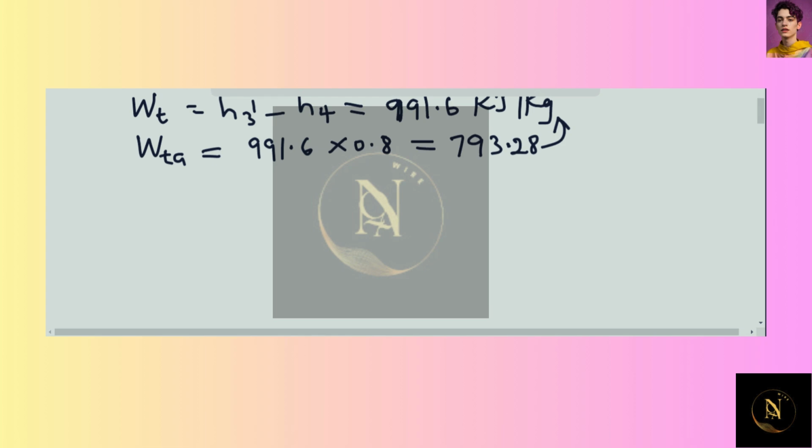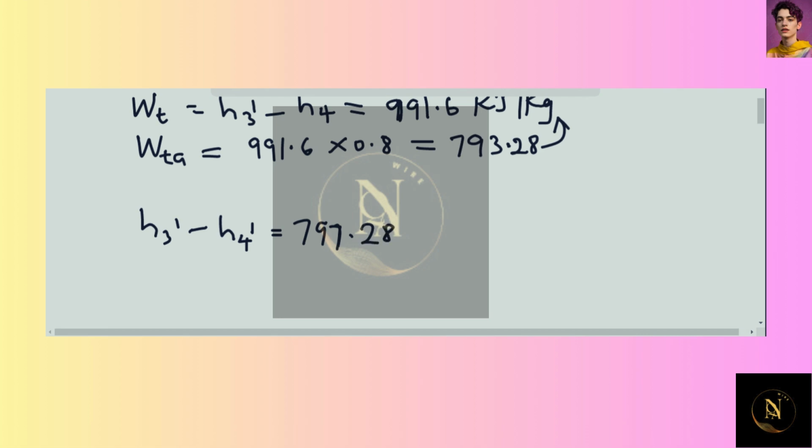Okay. So in advance, let's look for what point 4 prime will give us. We know that H3 prime minus H at 4 prime is going to give us the actual turbine work.